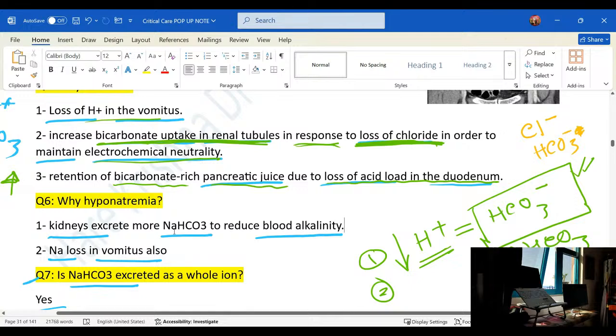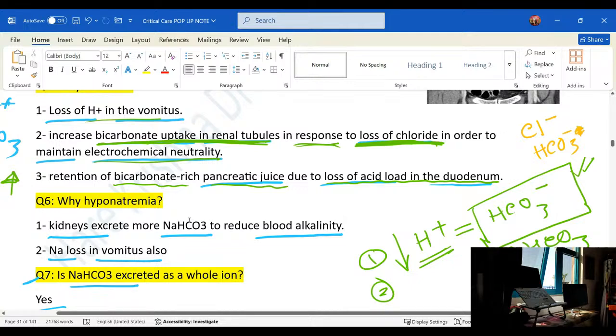Hyponatremia. The kidney excretes more sodium bicarbonate to reduce the blood alkalinity, and there we added this sodium bicarbonate.